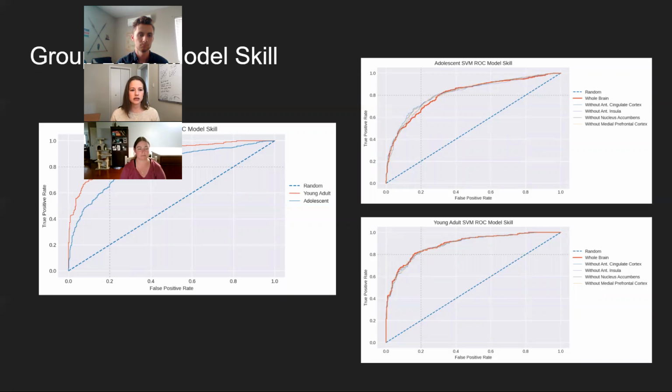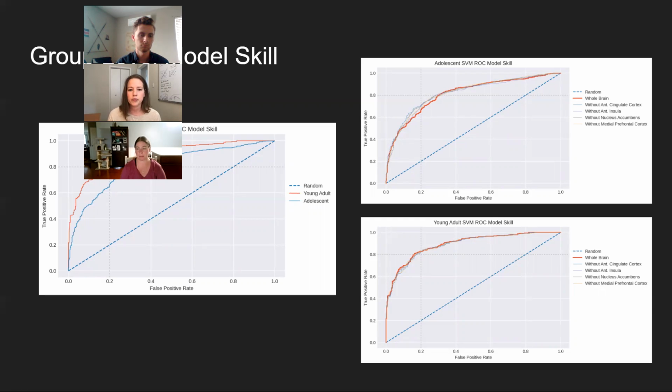In these graphs here on the left-hand side, we're comparing the whole brain mask models of the young adults and the adolescents. And we can see here that the classifier is able to predict better for the young adults. On the right-hand side, we compare adolescent models and then we compare the young adult models.